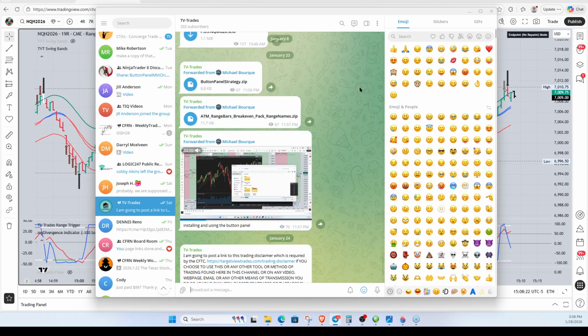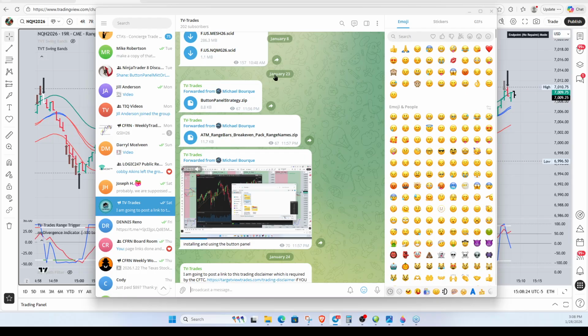This stuff, January 23rd. What day is it today? So it was 5 days ago I did this. This is all the button stuff, the button strategy stuff. Alright, and if you want to use this, it's out here. You can go in here to the TV trades, this thing right here. You can go into that, and yeah, you can just download it here.